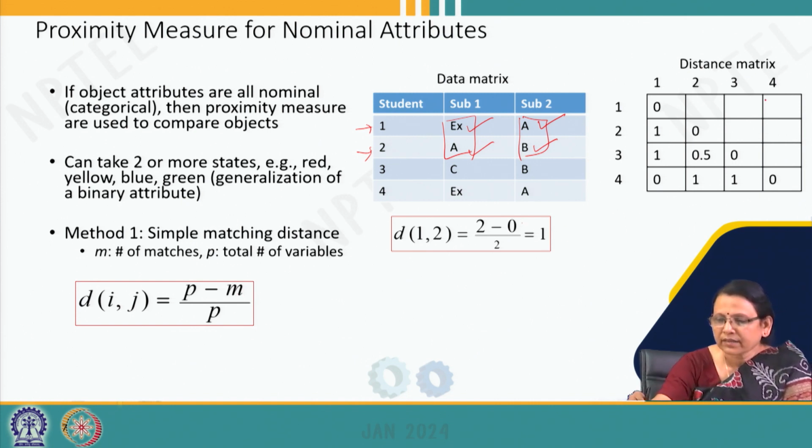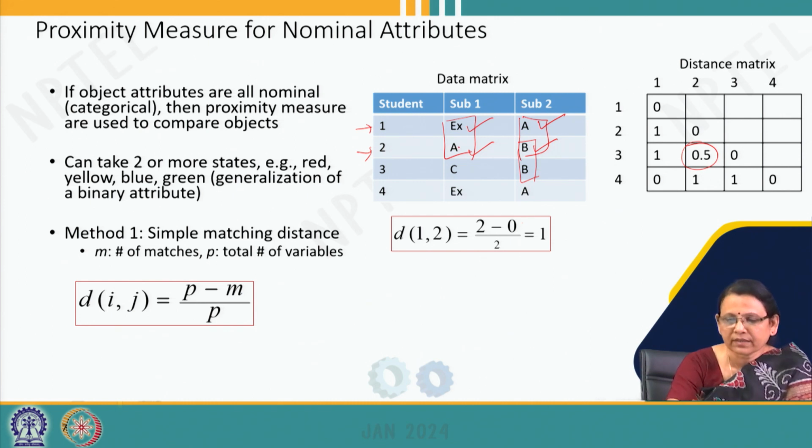So, in the distance matrix, we can compute between every pair, and we can see that except for 2 and 3, the rest have a high distance. Now, let us look at 2 and 3. Why is the distance low? Because here, at least in one of the subjects, they have the same attribute value.